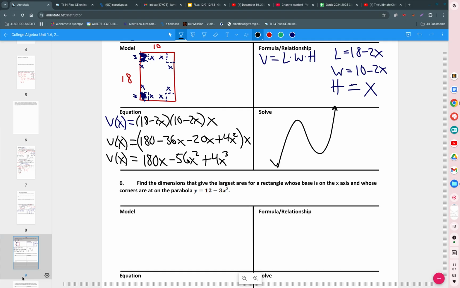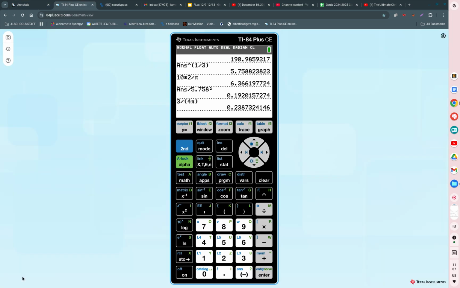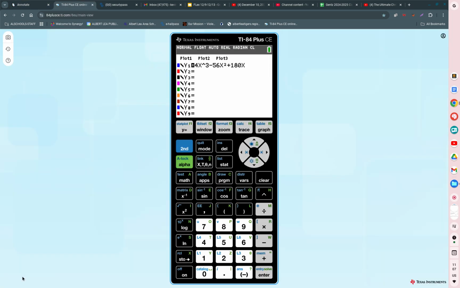That also has what we call a maximum. It also has a minimum. We are interested in the maximum. You can't use negative b over 2a if it's not a parabola. We have to turn to our calculator. Take out your calculator, see if we can get it. Type in 4x cubed minus 56x squared plus 180x into your calculator.